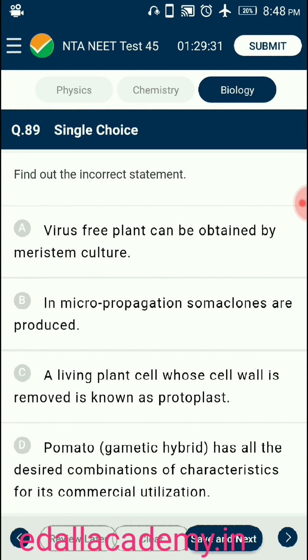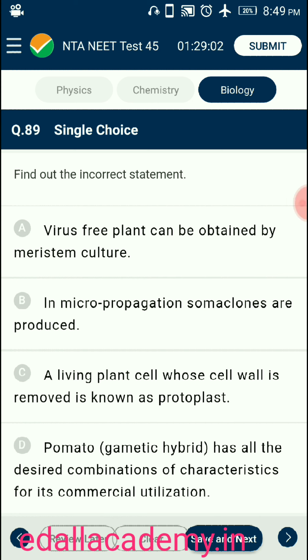The hybrid becomes a cybrid if one of the two nuclei gets degenerated. The first somatic hybrid was obtained by Carlson et al. in the year 1972 between Nicotiana glauca and Nicotiana langsdorffii, species of tobacco. The intergeneric somatic hybrid is pomato, the combination of potato and tomato.